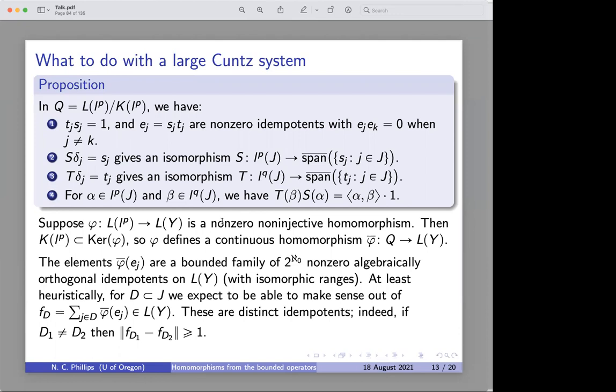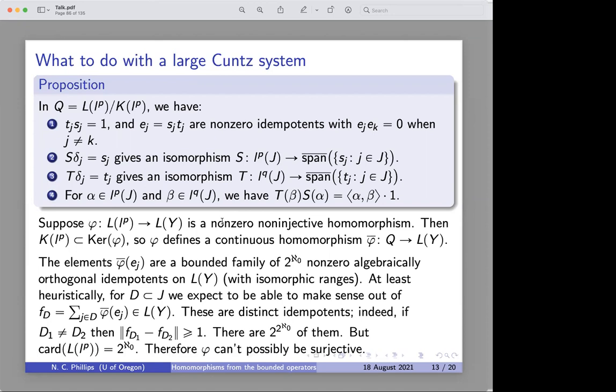Indeed, the norm of the difference is at least 1 if the subsets are different. There are 2 to the aleph-0 of them. But the cardinality of bounded operators on LP is just 2 to the aleph-0. So this homomorphism phi cannot possibly be surjective, simply because the cardinality of the supposed range is too big.